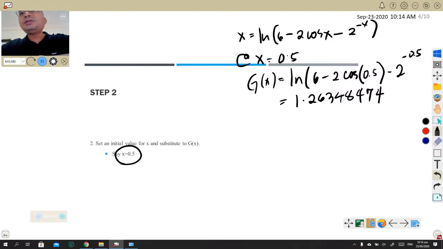Don't forget to set your calculator to radian mode when dealing with the value of x, because our x is 0.5 in radians and not in angular form.